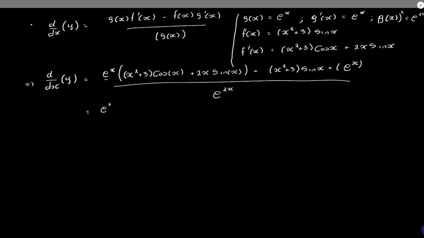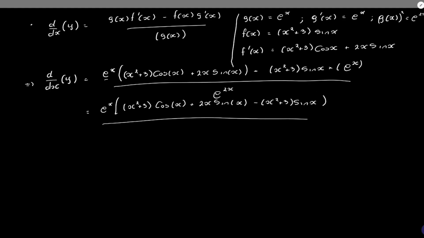So this gives us e to the x in bracket x squared plus 3 cos of x plus 2x sine of x minus x squared plus 3 sine of x, divided by e to the 2x, which is e to the x times e to the x.